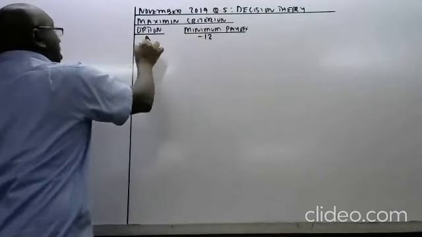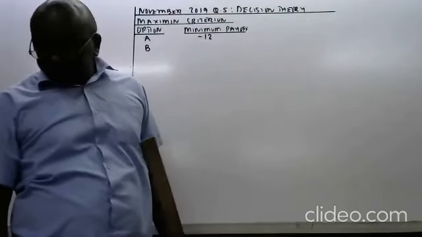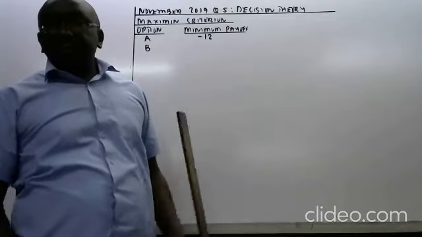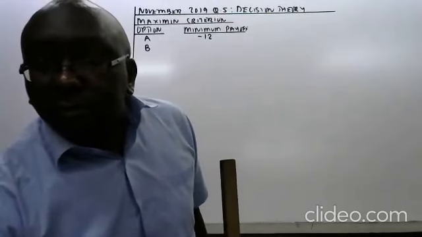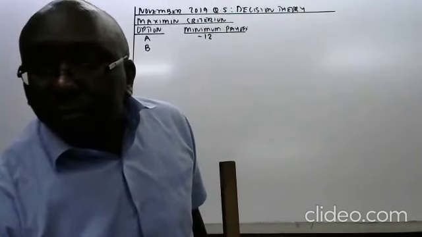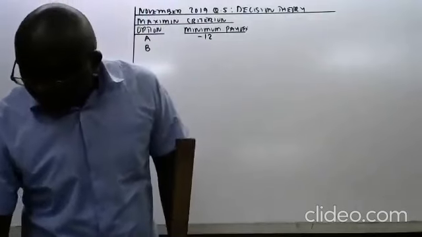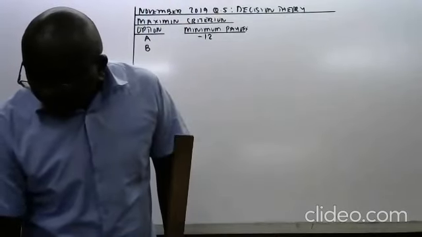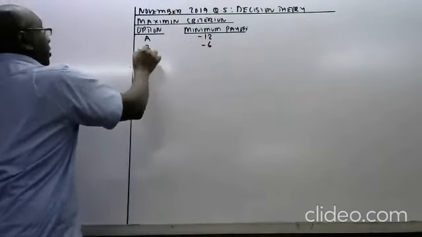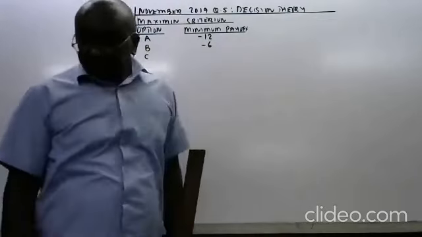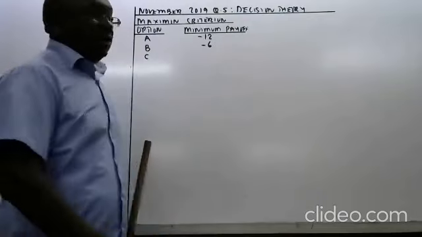Let us go to B, and tell me in B what is the minimum. The minimum is minus 6. And in C, the minimum is 0.